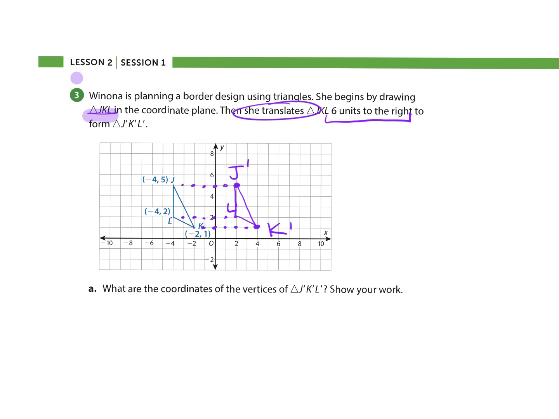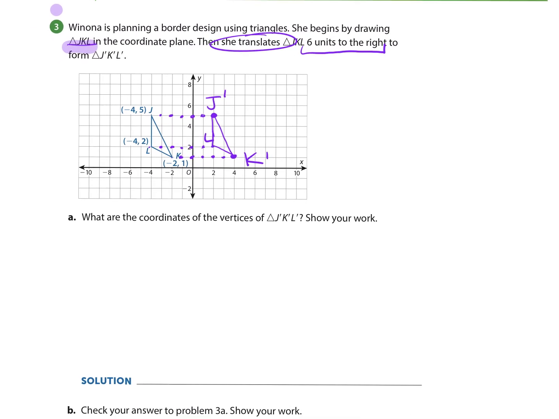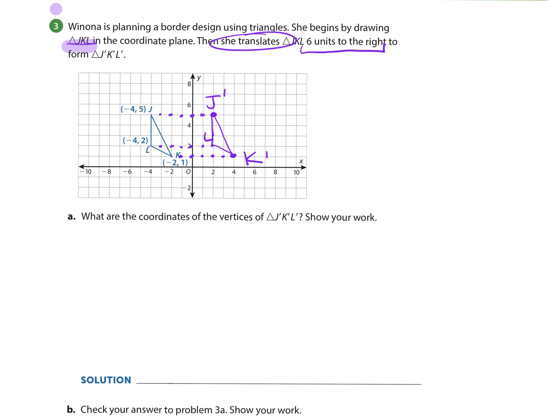Now we're going to do this mathematically. So down here, again, we're going to write our coordinates, J, K, and L. They gave us the first ones. We're just going to add it in. J is at -4, 5. K is at -2, 1. And L is at -4, 2. So now we're moving to the right.